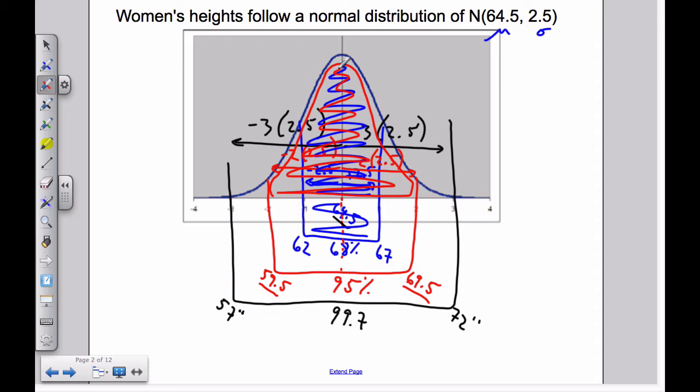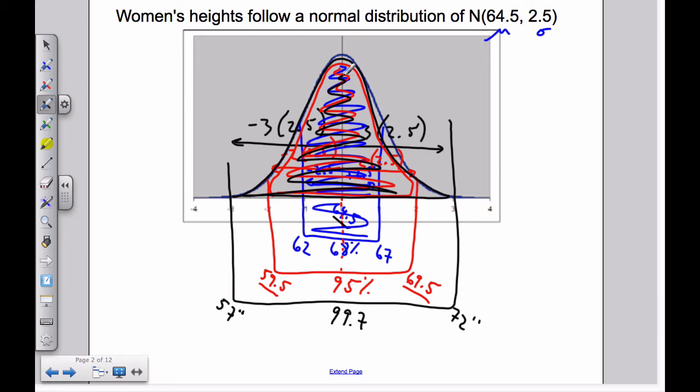And then if I go out one more, we'll do that one in black, that's this whole area right here. That's where 99.7%, or almost all females, will fall, somewhere between 57 and 72 inches tall. That's called the 68, 95, 99.7 rule, or, some books will call it the Empirical Rule.